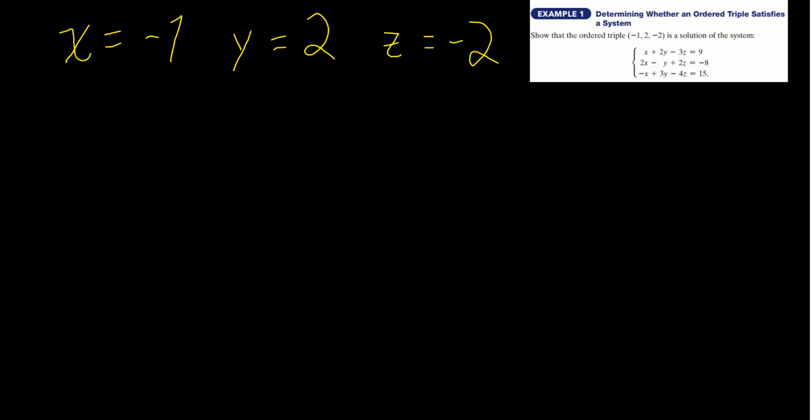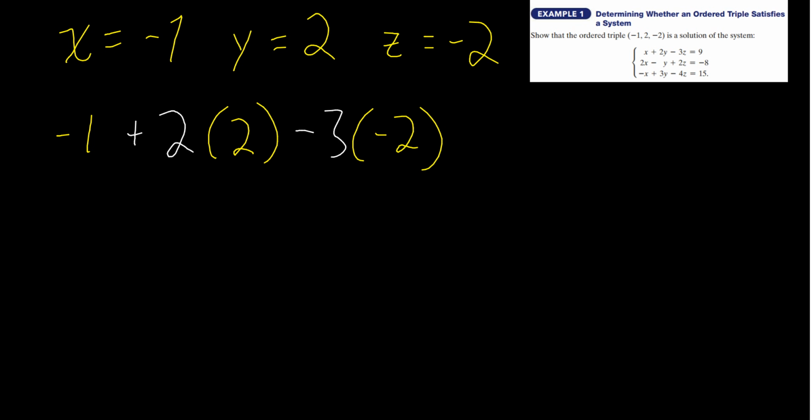So let's start. We'll say -1 plus 2 times y, which is 2, minus 3 times z, which is -2. And is that equal to 9?